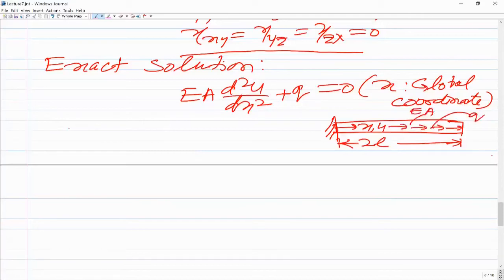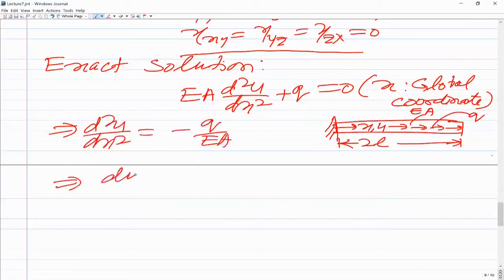Now you can write this equation as d2u by dx square is equal to minus Q upon EA. That is straightforward. Now if you do the integration once, you get du by dx is equal to minus Qx upon EA, since Q upon EA is constant, plus a constant of integration, say c1.